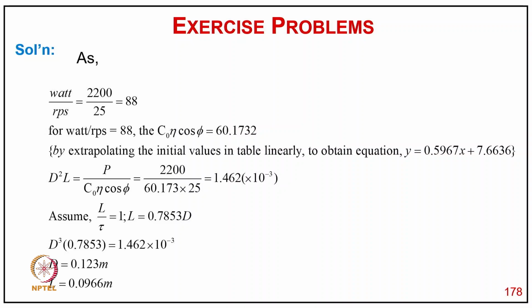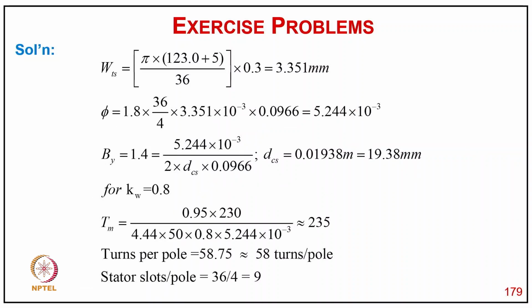Assuming L upon tau is 1, so L equals 0.7853 D, and D cube is 0.783 D cube equals 1.46 times 10 to the power minus 3. From this D comes to 0.123 meter, and L is 0.0966 meter. Putting the dimensions, the tooth width comes to 3.35 millimeter, and the flux phi, putting the values in this relation, comes to 5.25 milliWeber, and By is 1.4 Tesla.